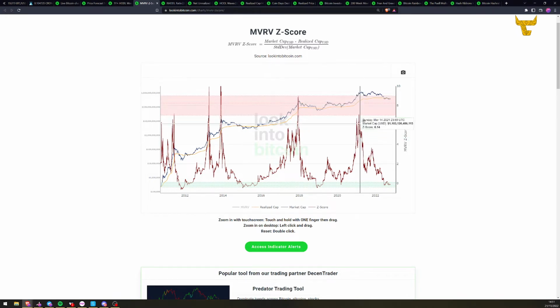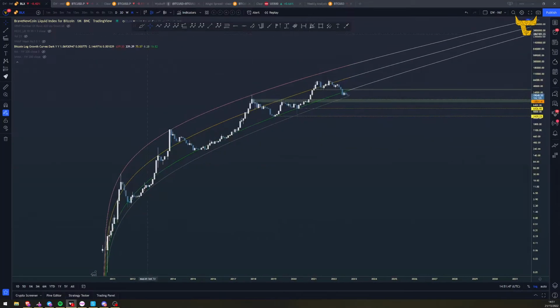The last one was a bit smaller again. The same thing we saw on the log growth curve, right? We never really reach our upper trend line curve.